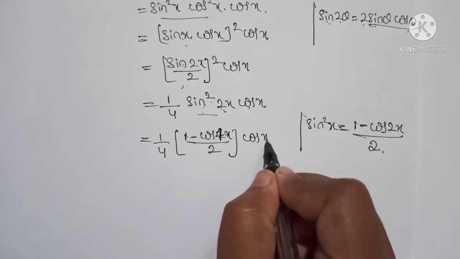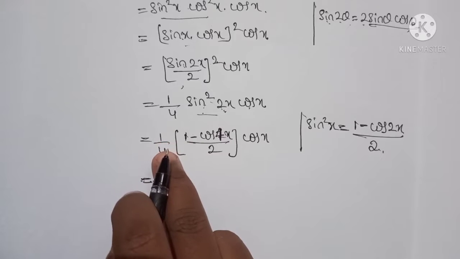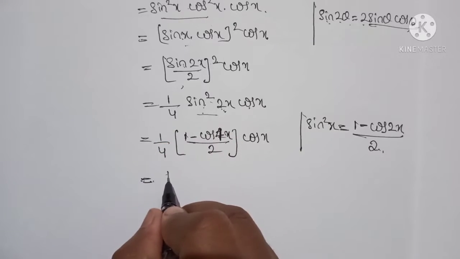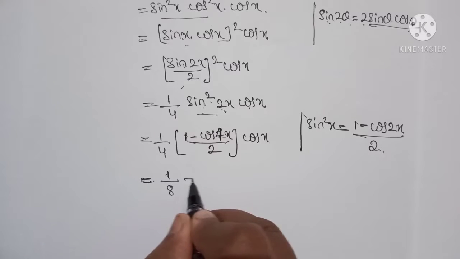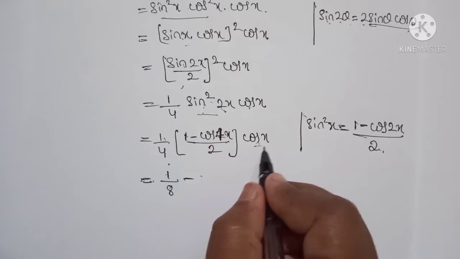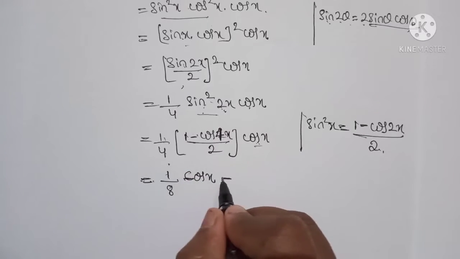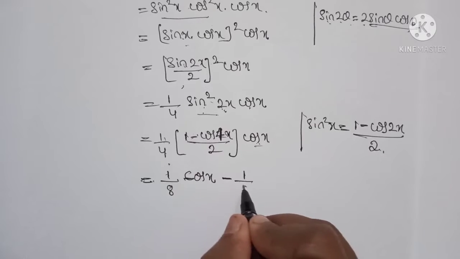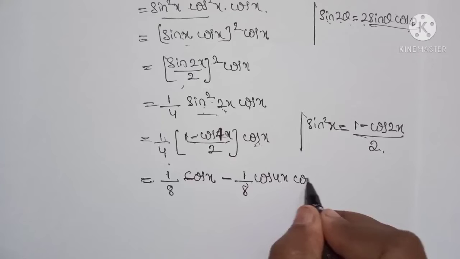Further simplifying, multiplying 1 by 4 to this bracket, we get 1 by 2 into 1 by 4 equals 1 by 8, so 1 by 8 cos x minus 1 by 8 cos 4x into cos x.